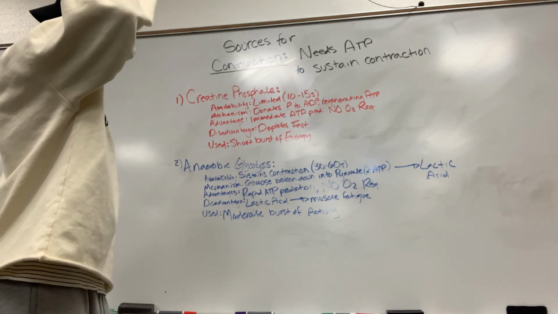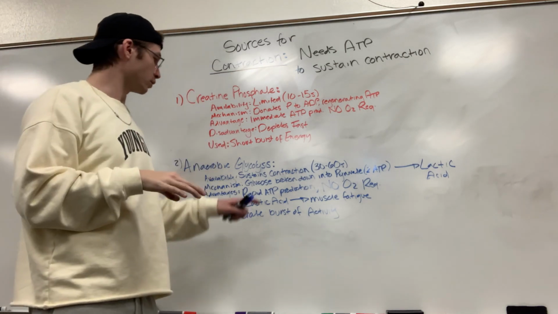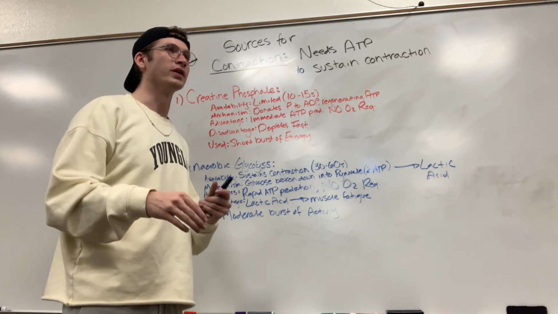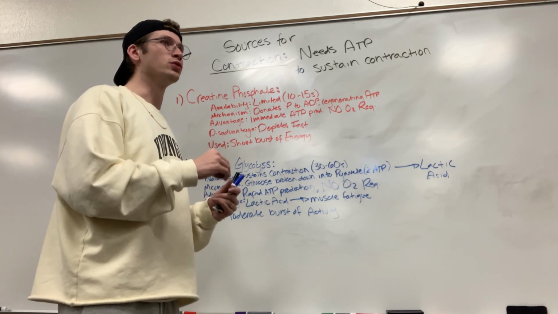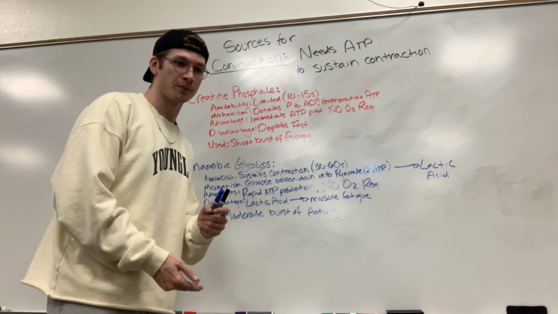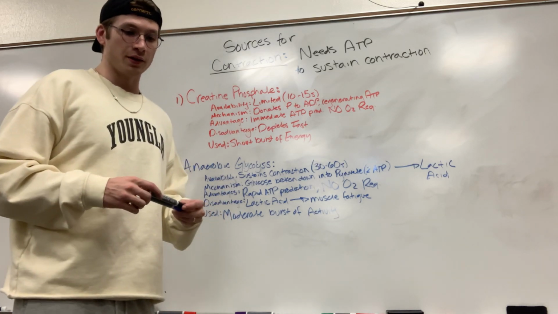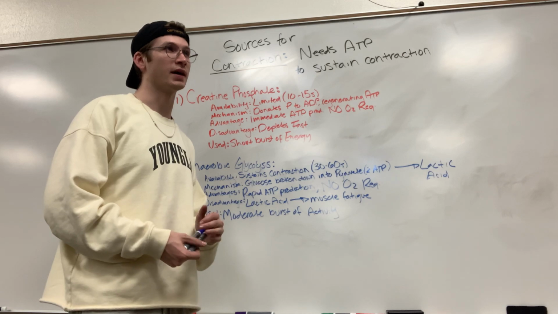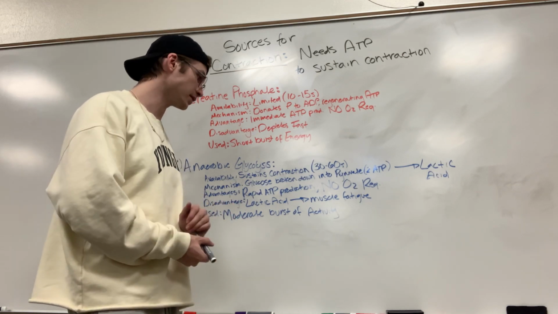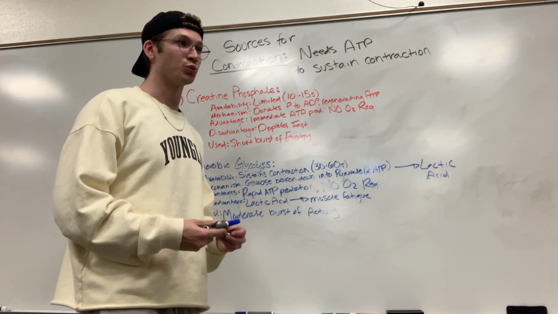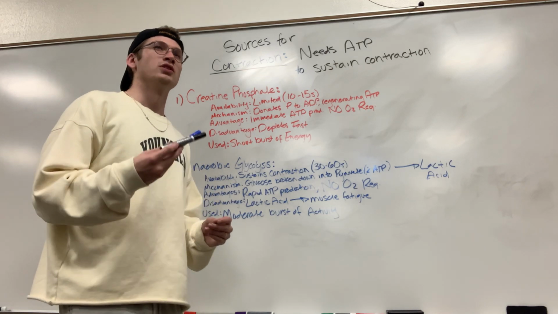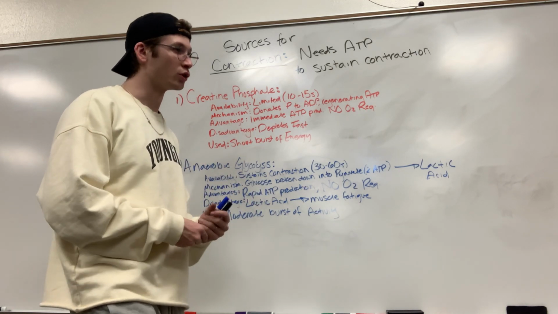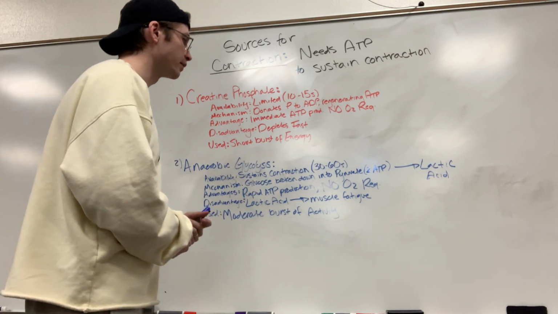The mechanism is that it breaks down glucose into pyruvate, and for every glucose we get 2 ATP. A downside is that we also produce lactic acid, and that lactic acid will lead to muscle fatigue. So it comes with a negative, so keep that in mind.